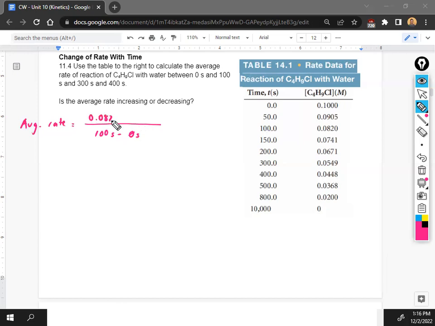Yeah, 0.082. It's right here. And then the molarity at 0 is right here, so it's going to be minus 0.1. So your rate of change will be negative 0.00018 molarity per second. Everybody got that? That means that the concentration of C4H9Cl is disappearing at this many molarity per second.